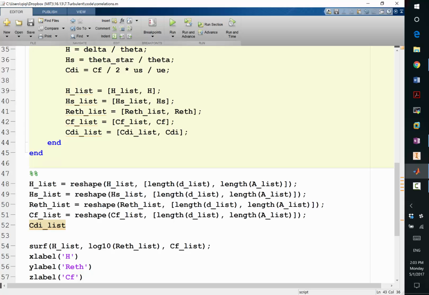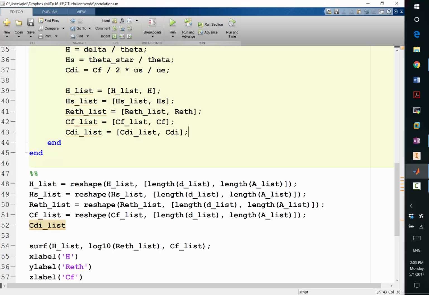When you assume that the tau is constant, isn't that only really true in the viscous sublayer, not in the log layer? It is also true in the log layer. The way we derive the log layer is by assuming tau is a constant, right? The idea of splitting the inner layer and outer layer is that the outer layer is influenced by pressure gradient, the inner layer is not.